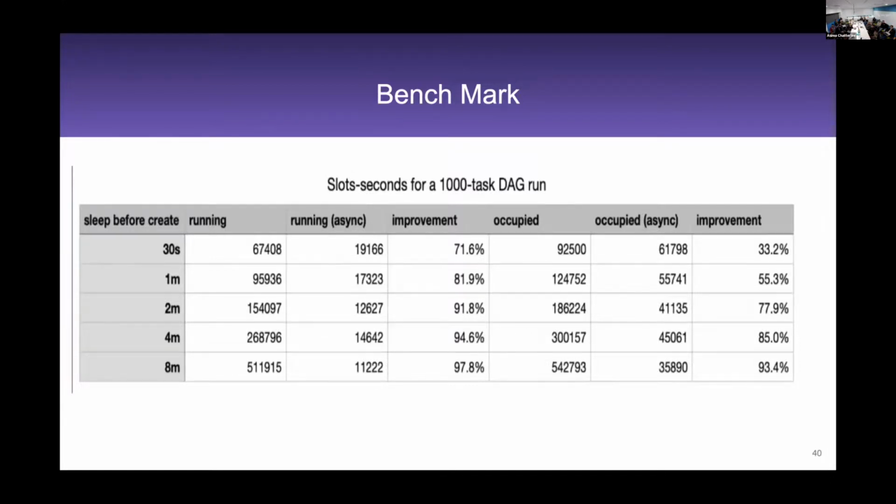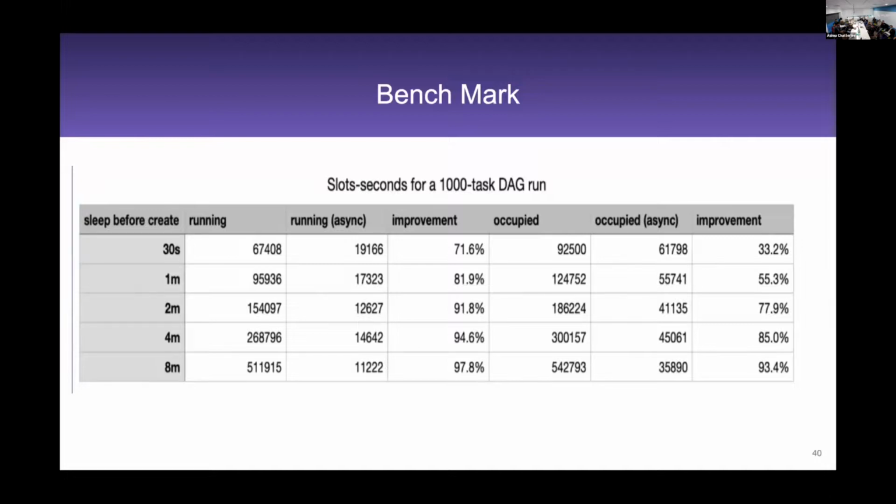In the first column, we are sleeping for some time and then polling the status again. In the second column, when the sync version is running, you can see how much time your worker slot was actually blocked. When the sleep time was 30 seconds, your worker slot was blocked for around 67408, and when we used asynchronous, it improved by almost 71%.